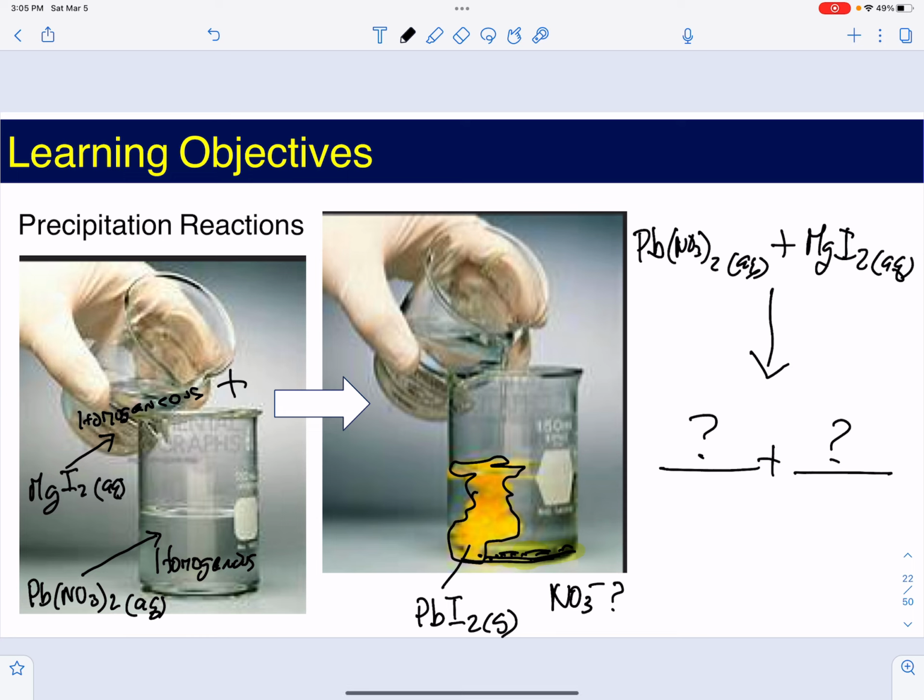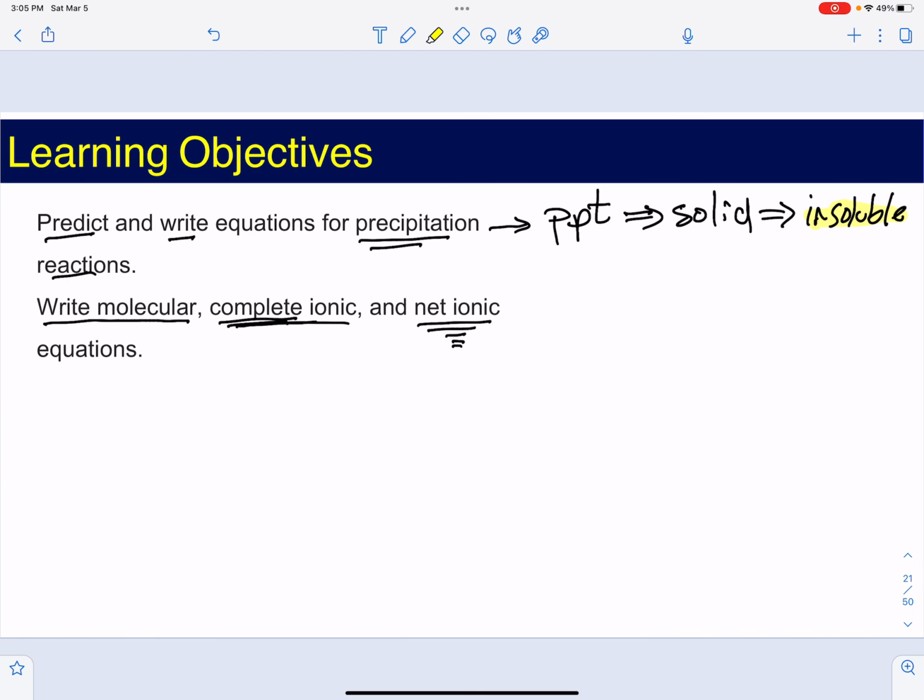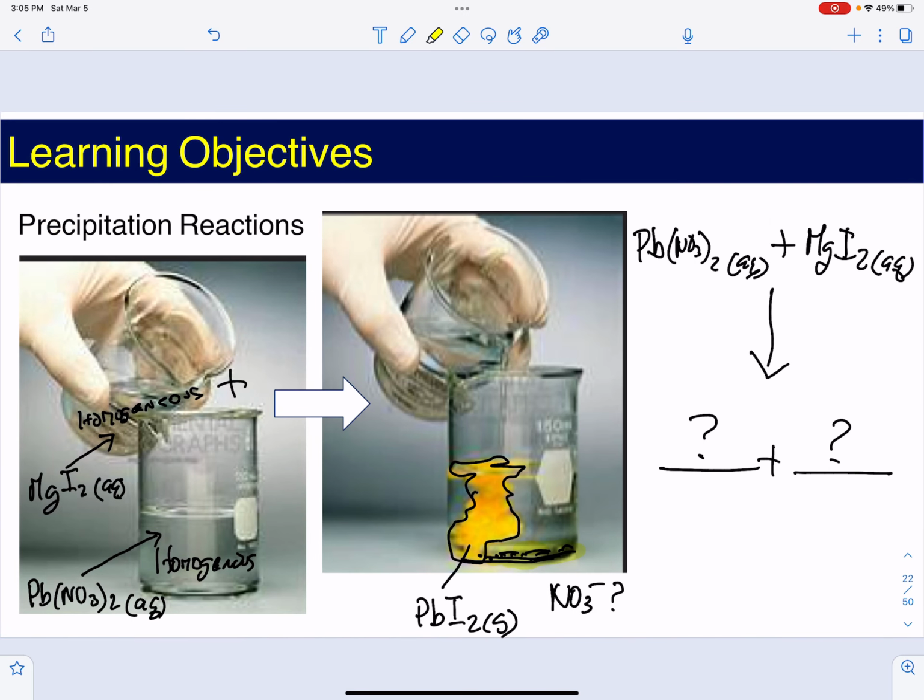That's what I mean by the part about predicting. We need to predict what we're going to get. How are we going to do that? Well, since the lead(II) nitrate is aqueous, so it's a solution, in reality what I have is Pb2+ (aq) plus 2 NO3- (aq), because it's dissolved.